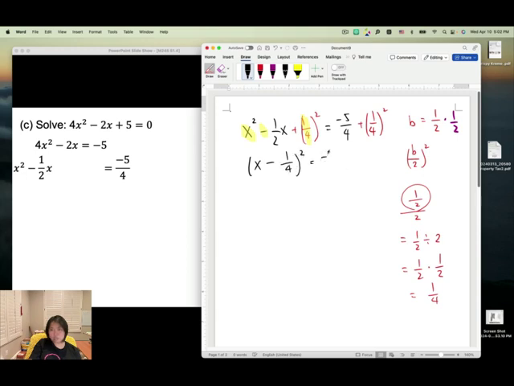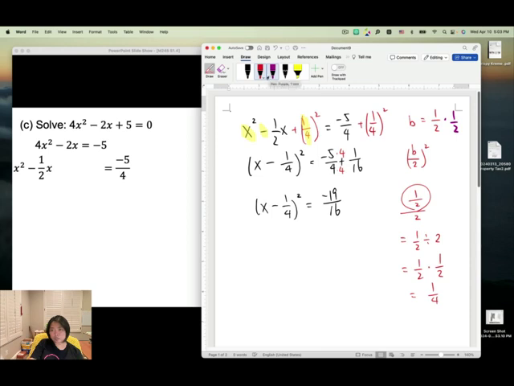That will be equal to negative 5 over 4 plus 1 over 16. The LCD will be 16, so you times 4 here, times 4 here. So that will be negative 5 times 4, which is negative 20. Negative 20 plus 1, negative 19 over 16.